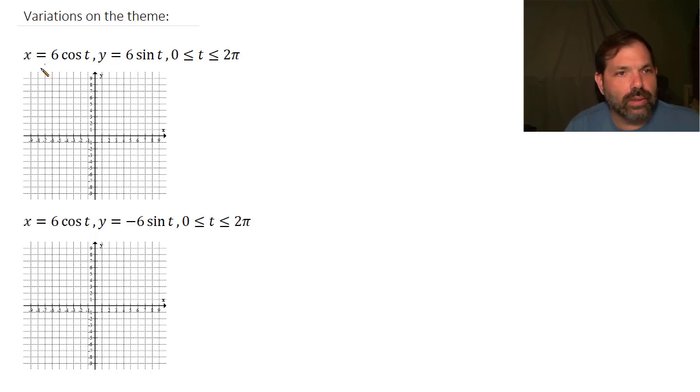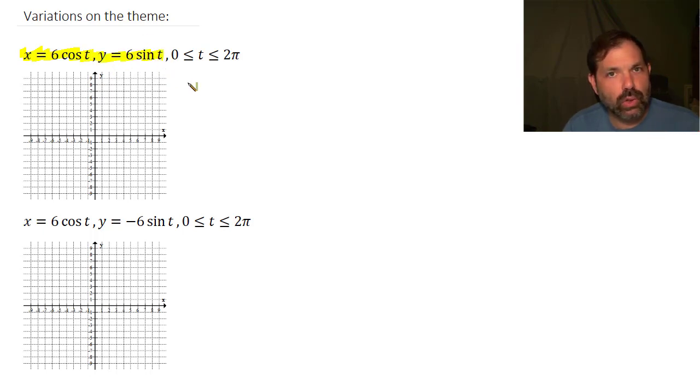So now suppose I wanted to sketch x equals 6 cosine t, y equals 6 sine t over, instead of 0 to pi, 0 to 2 pi. So take a moment, think about this one. What would this graph look like? Alright, so notice that this is the same equations as before.